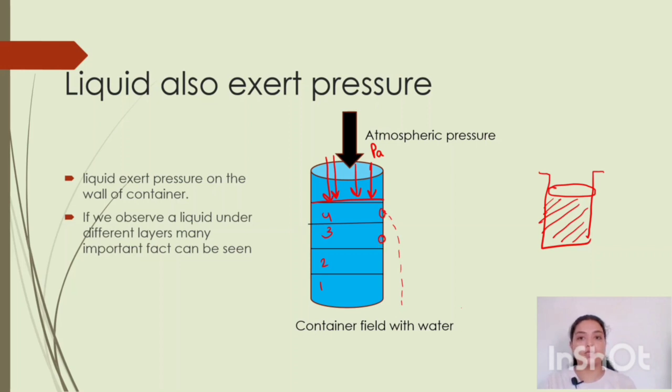From this hole also the water comes out at a certain angle, and here also the water will come out at a certain angle. What did you observe here? From all the holes, the water is coming out with different angles.